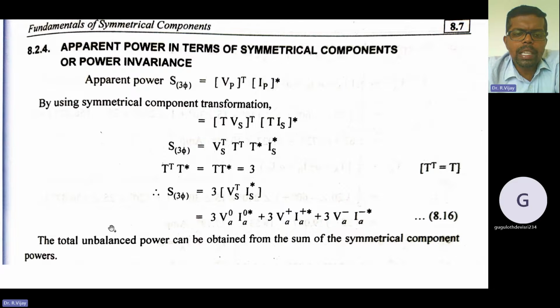This is the total unbalanced power, that is apparent power, obtained from the sum of the symmetrical component powers. This is all our power, because Va0 into Ia0 is nothing but power. So it is a sum of the symmetrical component powers. Sometimes for 2 marks they may ask: write the apparent power in terms of the symmetrical components, or power variance.